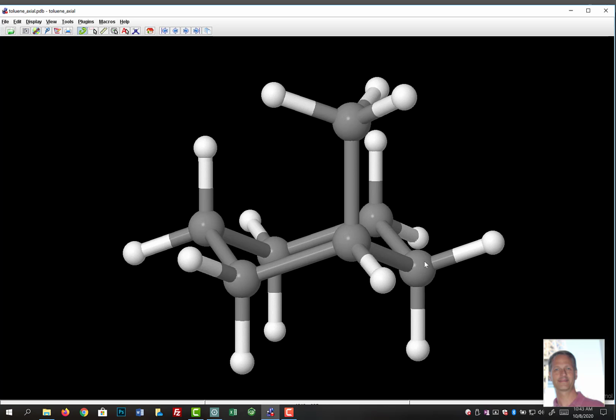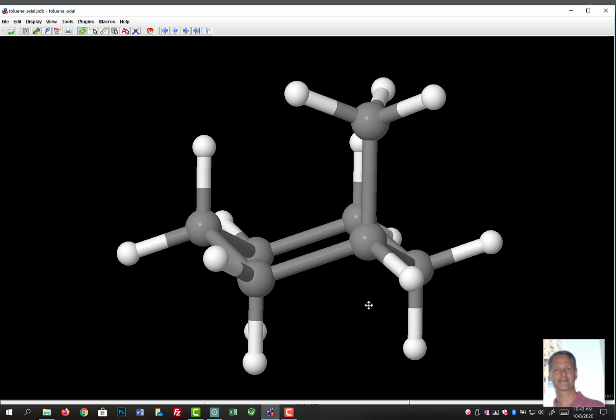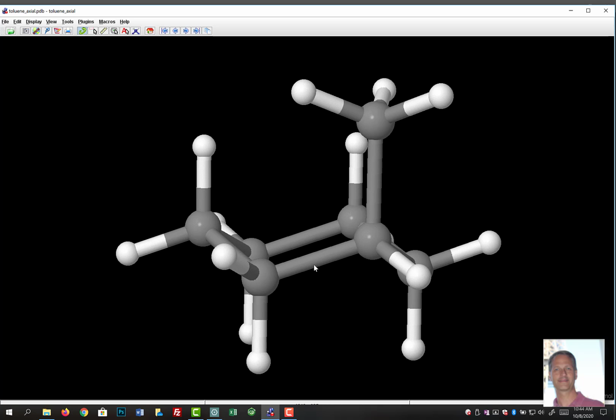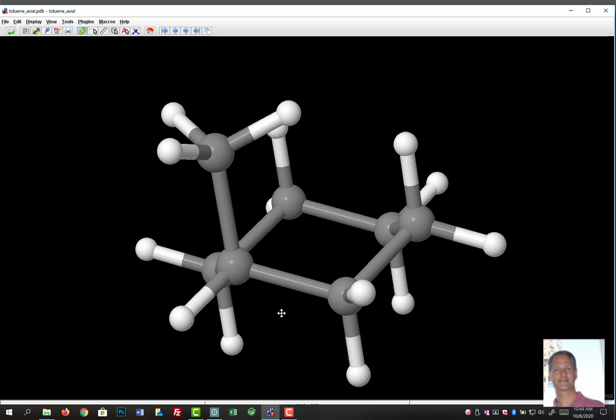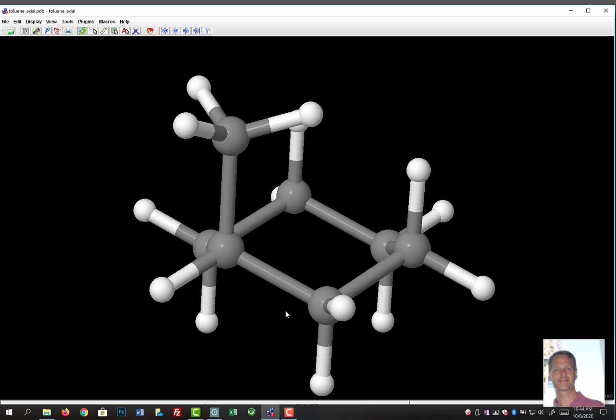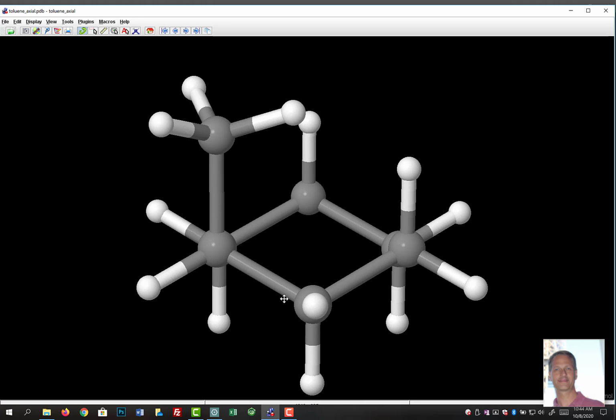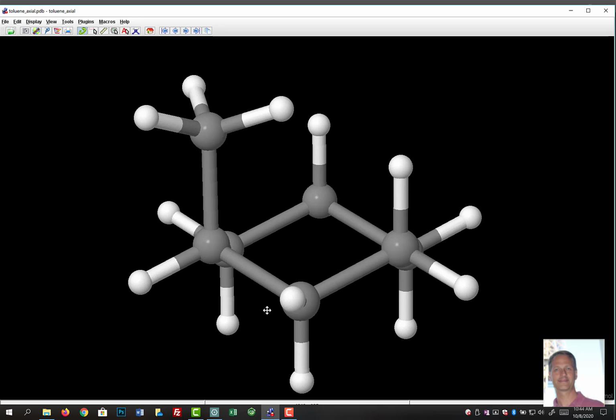So this is a good depiction of our chair. And what we want to do is look down this bond here and that bond, where your wavy line going to the eyeball is. So we're going to rotate this around and we're going to get this, and then I'll align it a little better. So that's what we're going to draw right now.